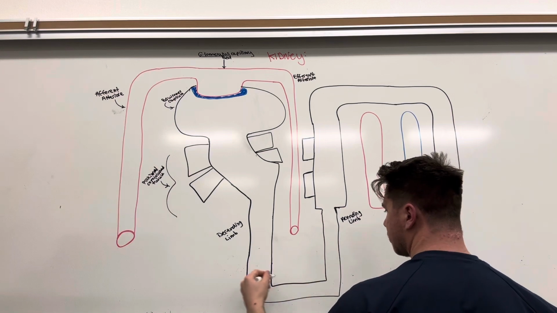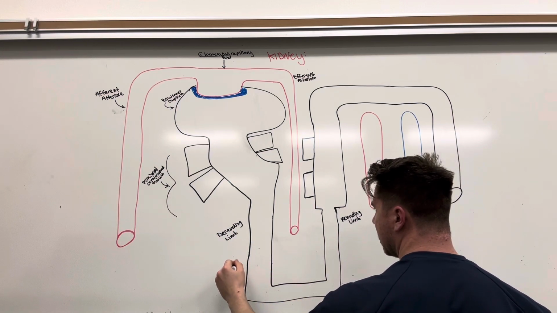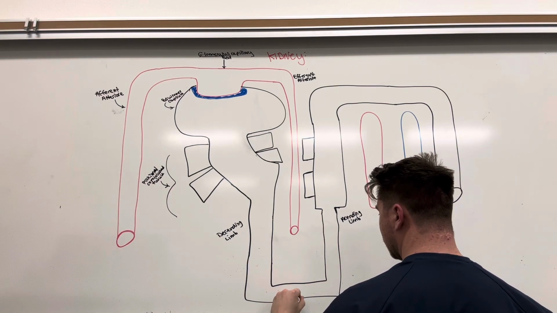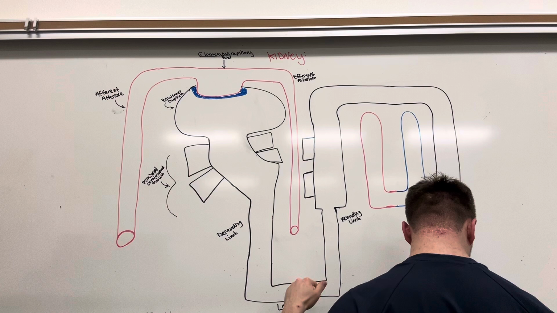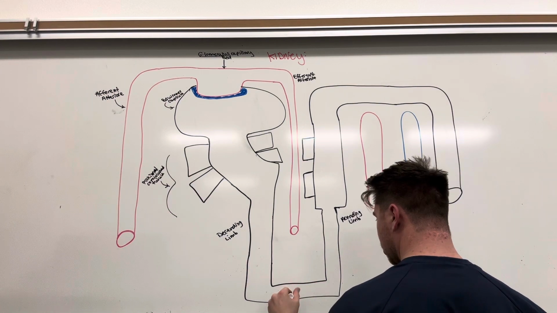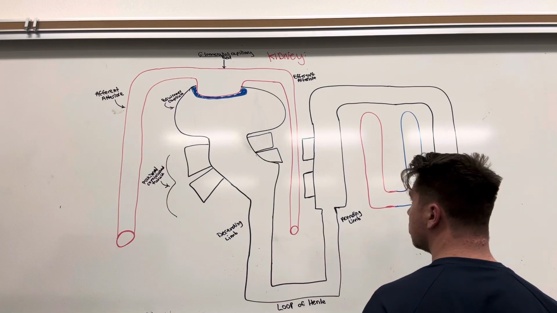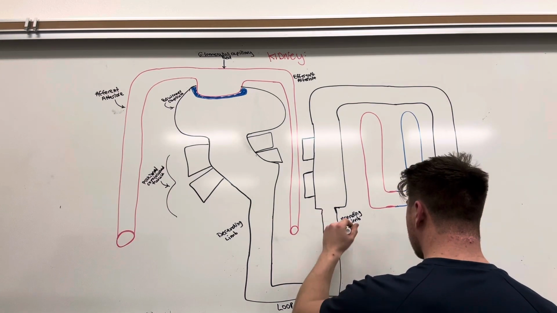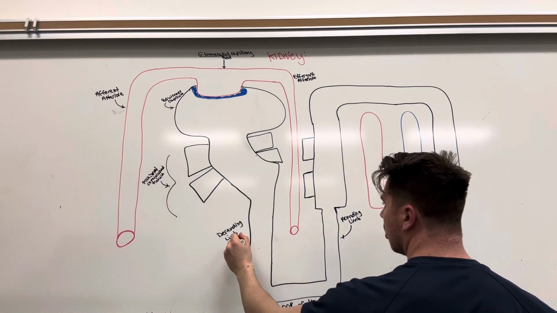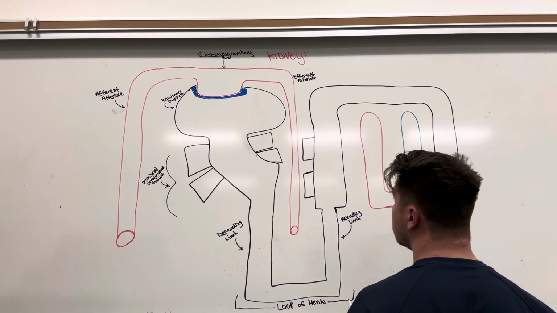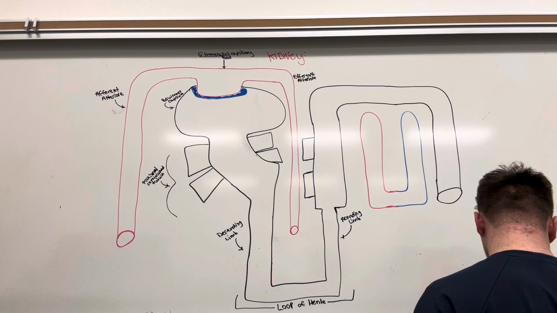This part here consists of the descending limb and the ascending limb. This is called the loop of Henle. Loop of Henle, okay?